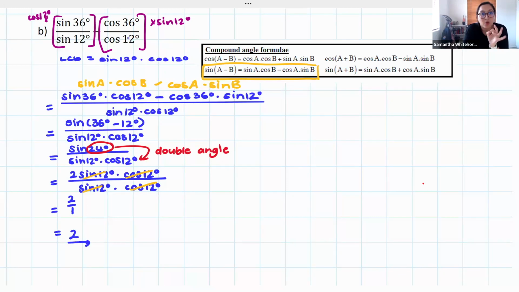What is going to be really important for you guys to master these sorts of questions is being able to look at the numbers that you're given and figure out what their relationship is. So like I say, I saw that there were multiples of 12. And already I was thinking, if I have a compound angle where I subtract, I can get a 24. That's a double angle. So you almost need to start thinking of the relationships of the values that you've been given in terms of your angles in order to start working this out.